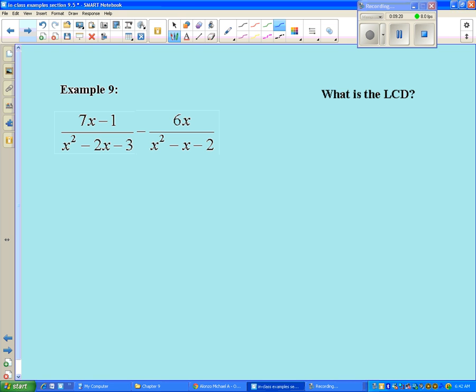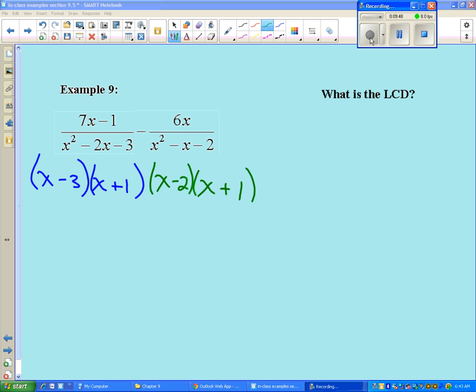So let's factor my denominators. What multiplies to be negative 3 and adds to be negative 2? That's a negative 3 and a positive 1. Second denominator, what multiplies to be negative 2 and adds to be negative 1? That's negative 2 and positive 1.